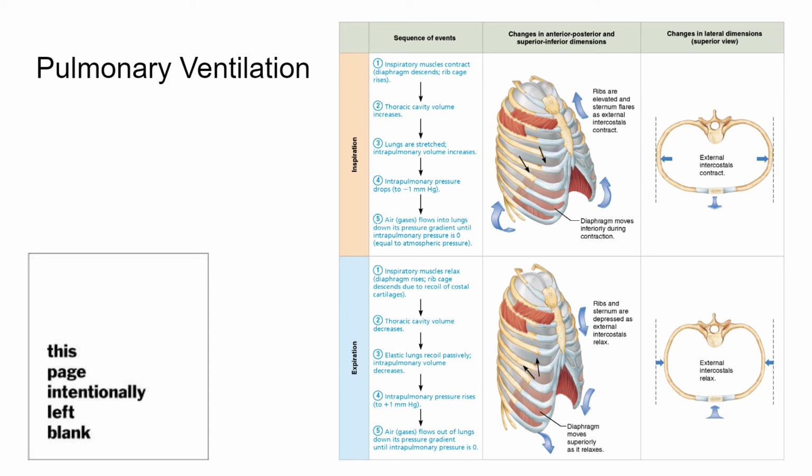If you increase the volume, you decrease the pressure, and that decreased pressure on the inside causes you to breathe in. These intercostal muscles also do that. They cause the volume to increase, thus decreasing the pressure.